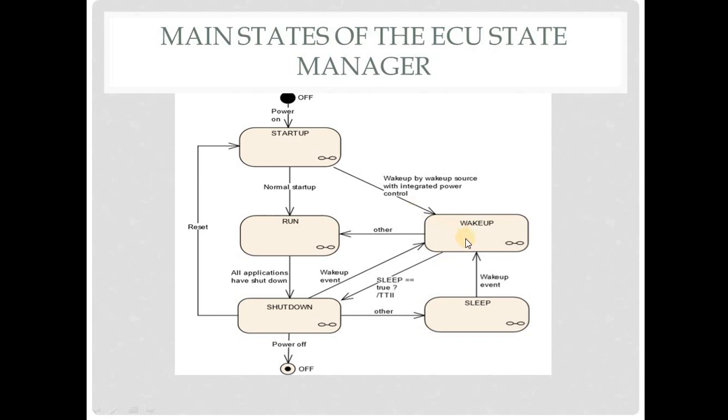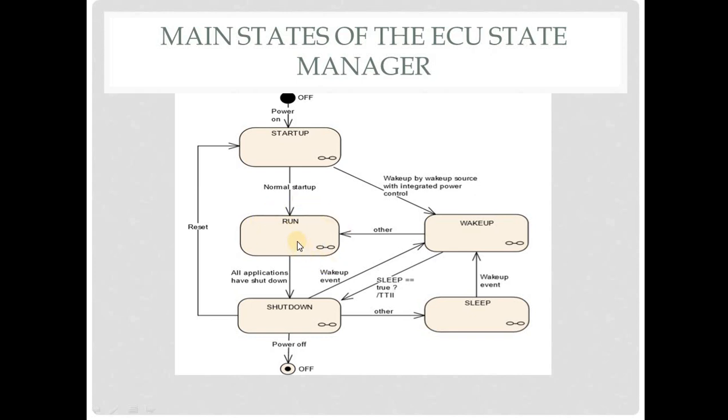It will go to wake up state whenever the wake up source has an integrated power control, that is, the wake up source has its own power supply. What is done especially in wake up? In the wake up state, the wake up validation is done. If the validation is successful, then from wake up, the state moves to run state.